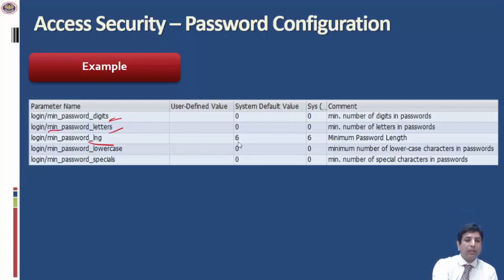Here we can see the length has been set to 6 characters. That means a user can define a password which is not less than 6 characters in length. Then there are options for using lowercase and special cases. So these are configurations which are set up one time during the implementation of ERP, and once these configurations are in place, the users will be forced to follow this policy.